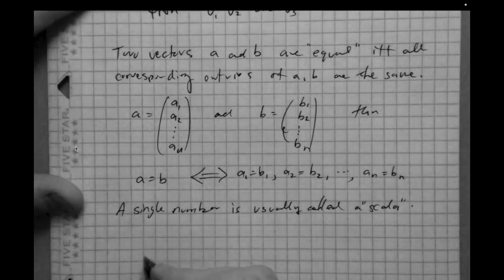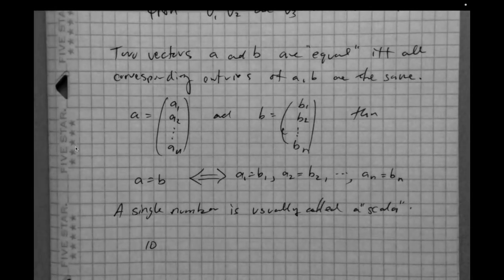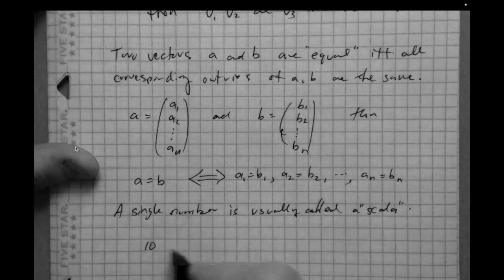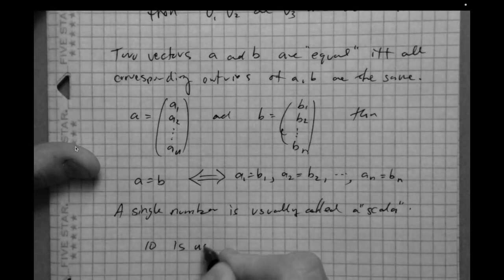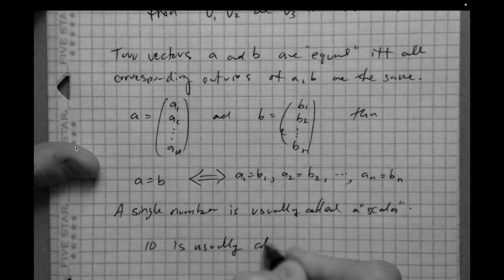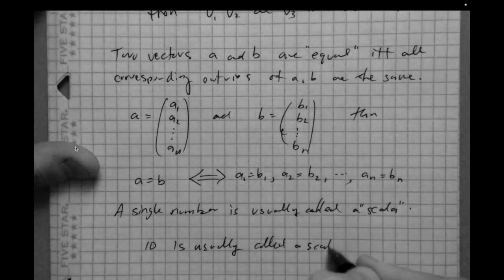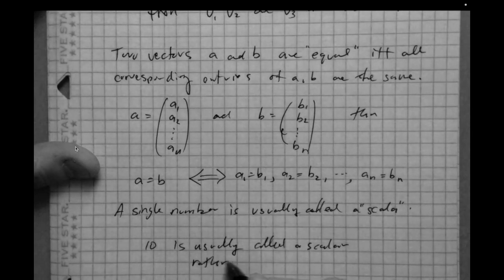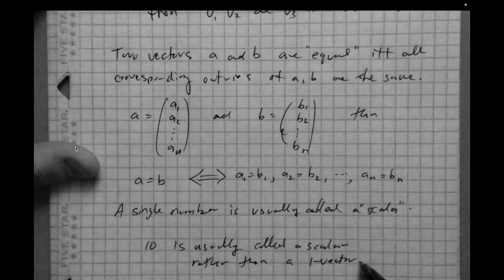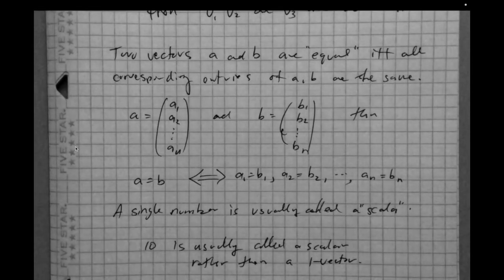If I have the number 10, you could think of this as a real one vector if you want, but 10 is usually called a scalar rather than a one vector. Technically you might be able to say that it's a one vector, but individual numbers are typically referred to as scalars.